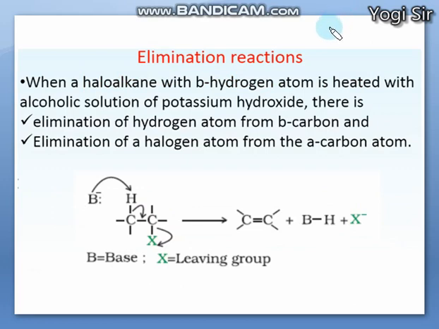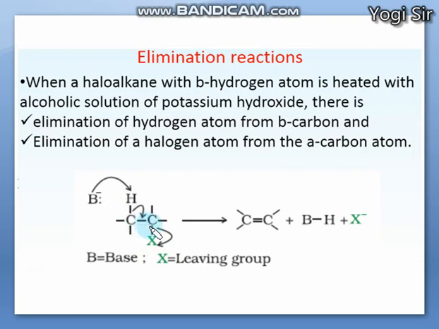Another type is elimination reaction. In this, we are removing the halogen atom from the haloalkane, and we are removing the adjacent hydrogen along with the halogen. It is also named beta elimination.